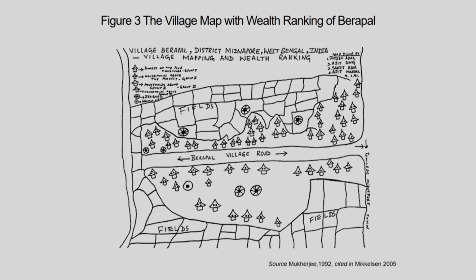In this map that is showing up on your slide here, this is basically some kind of a diagrammatic representation which also falls under the broad category of wealth ranking. Here the group holds the stick to draw the map, possibly by participants taking turns and adding on to a map.